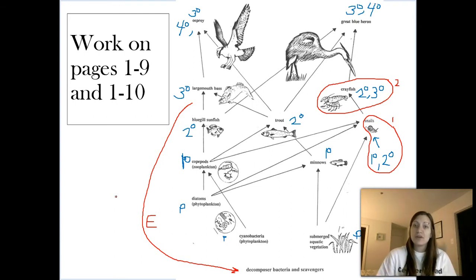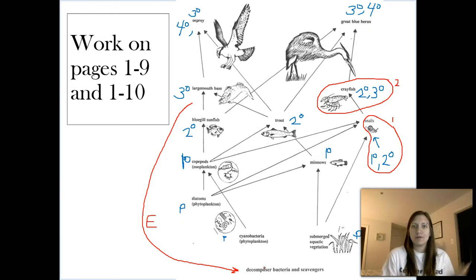Alright, the next question, question number 4, says draw arrows showing the direction of nutrient cycling and label the arrows with the letter N. Remember before when we had those decomposers, they were eating, but they're also pooping. One of the major roles of decomposers is recycling nutrients. So we know those nutrients come from the decomposers and they actually go right back into the soil.